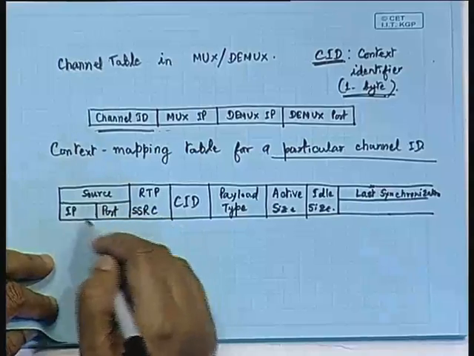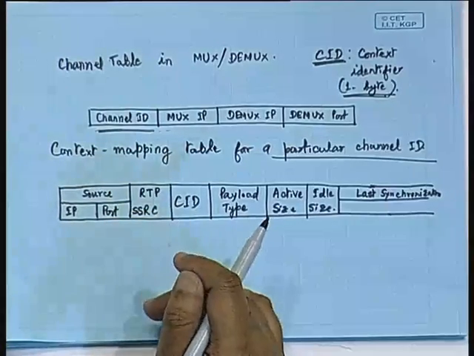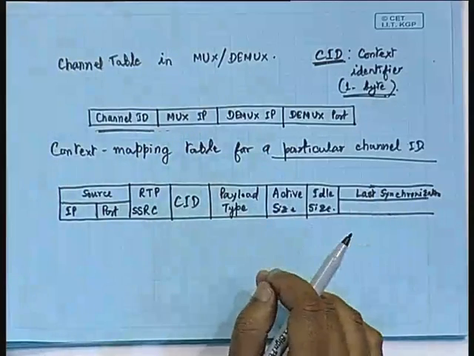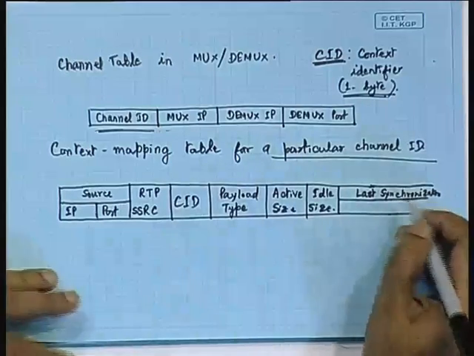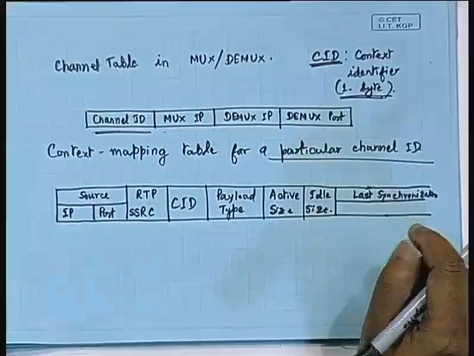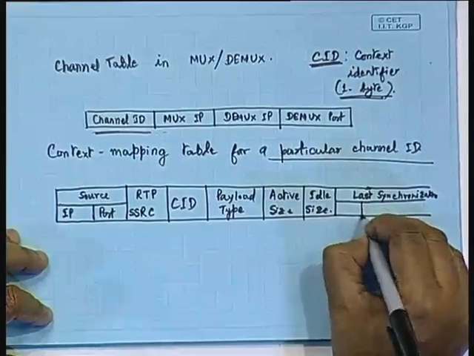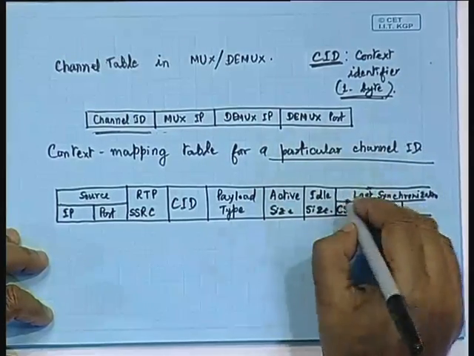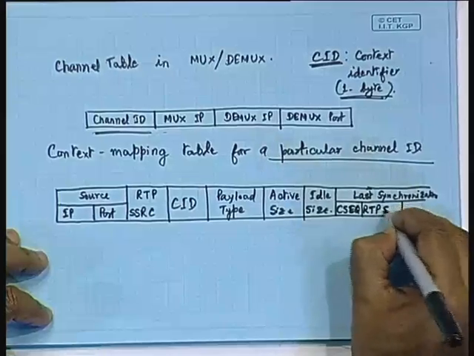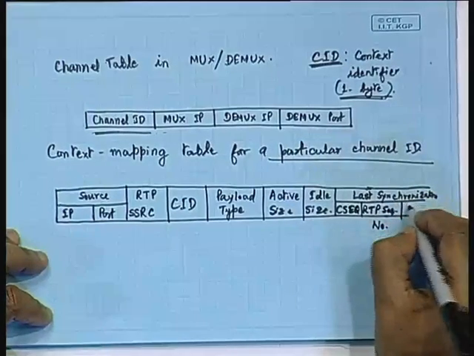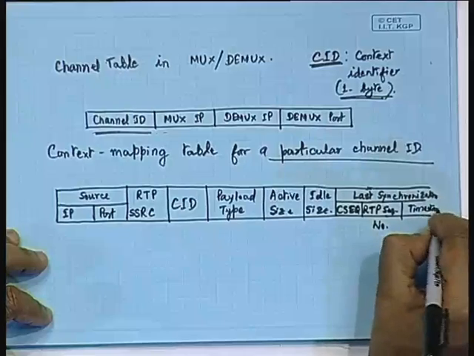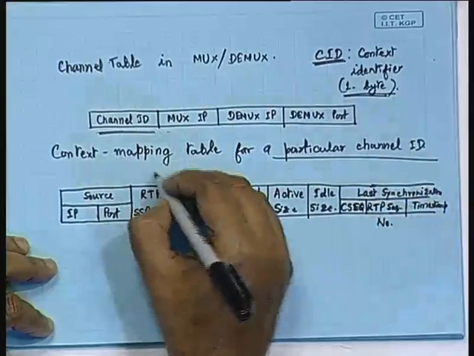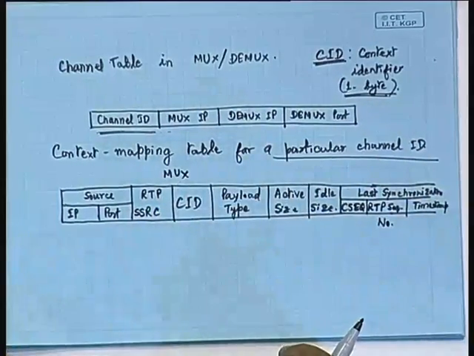The source IP and the port, then the RTP's own identification, then the context ID, the payload type, etc. But what is important is that when the last synchronization mini header was sent, along with it whatever C sequence number was sent, whatever RTP sequence number was sent, and whatever the timestamp was, all this information remains stored in the context mapping table for that particular channel ID. Now, this is the context mapping table which gets stored in the multiplexer.